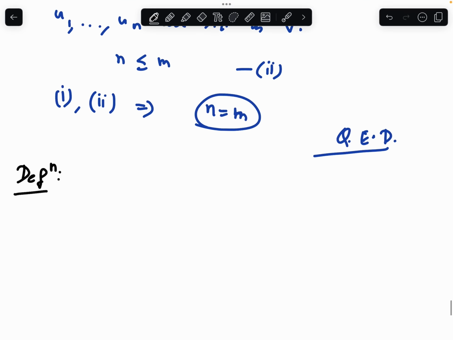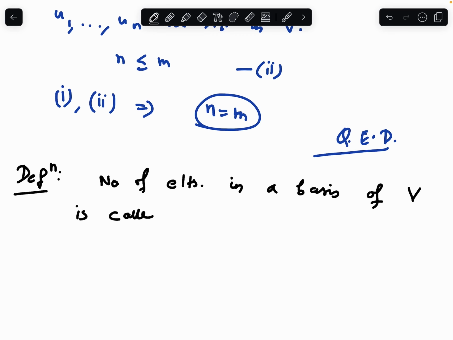The number of elements in a basis of V is called the dimension of V, right?